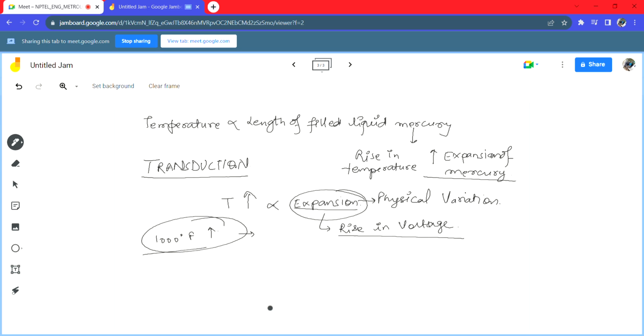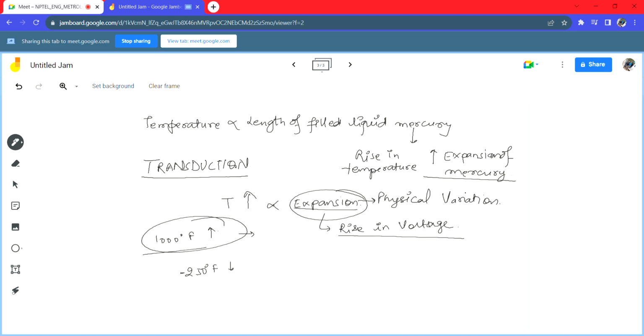And the temperatures that we deal with in some scientific situations may even drop down to say minus 250 degrees Fahrenheit or even lower. So this medical grade liquid mercury thermometer won't work. So we need to look for alternate measurements and also the techniques to design these systems.